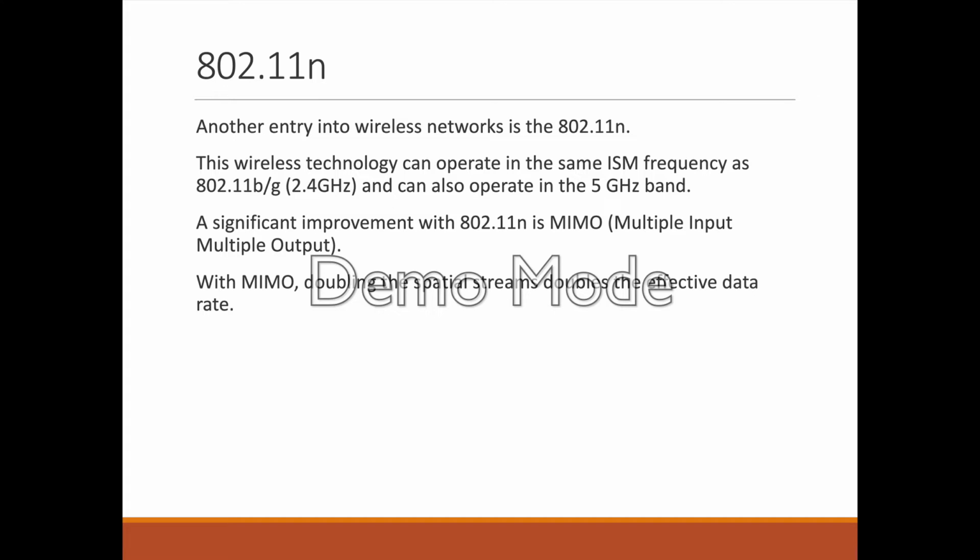Another entry into wireless networks is the 802.11n. This technology can operate in the same ISM frequency as the G, and can also operate in the 5 gigahertz band. So that's unique right there. It was an improvement to the multiple input, multiple output. So it improved the process. And this actually came out in, I think, 2009.